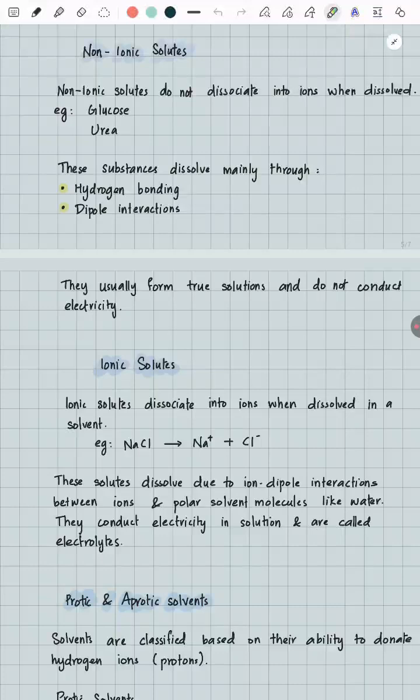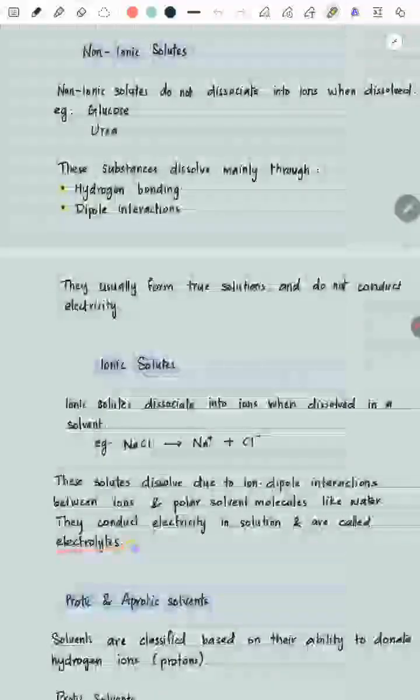On the other hand, ionic solutes dissociate into positively and negatively charged ions when dissolved, especially in polar solvents like water. These ions interact with the solvent molecules through ion-dipole interactions, and such solutions can conduct electricity, which is why they are called electrolytes.